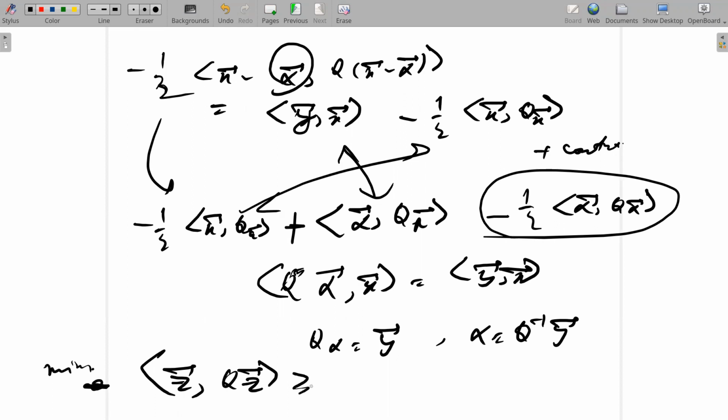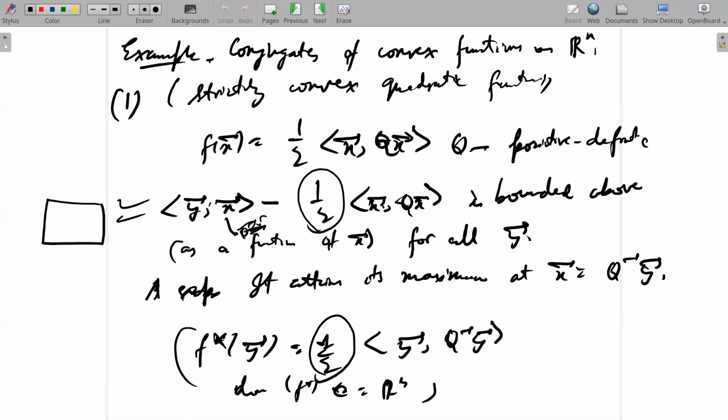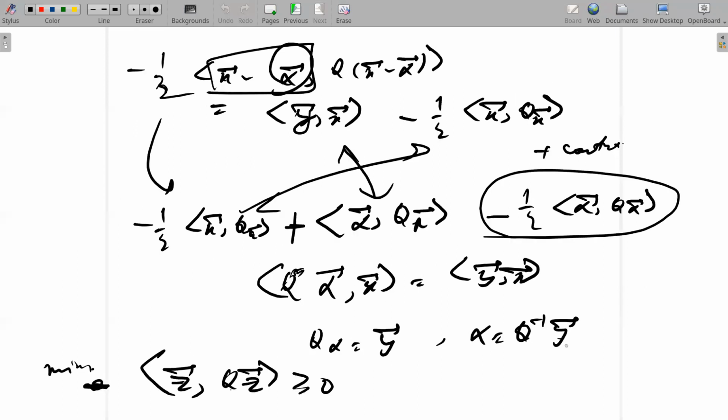And we know that this is always bigger than or equal to 0 because q is positive definite. So the minimum is when z equals 0. The minimum is attained at z equals 0, which means x minus alpha is 0, which means x is equal to q inverse y. So this is a quick proof running you through why the supremum of this function is attained at x equals q inverse y. All right, so here we have also computed the conjugate convex function.